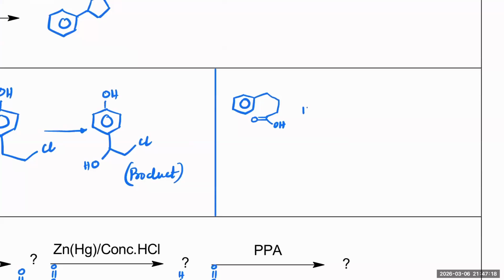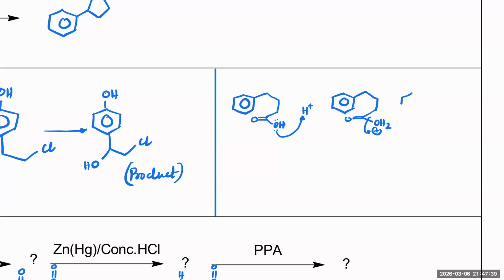PPA is something which will provide H plus, right? Polyphosphoric acid. I told you about this before. So the lone pair will take H plus, and then we will get double bond O and OH2 plus. OH2 plus will leave very easily.